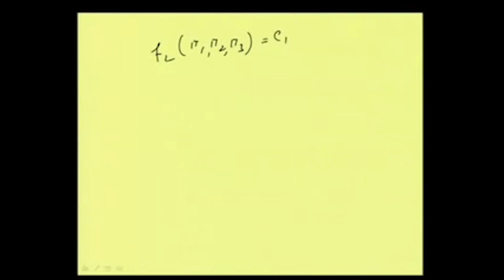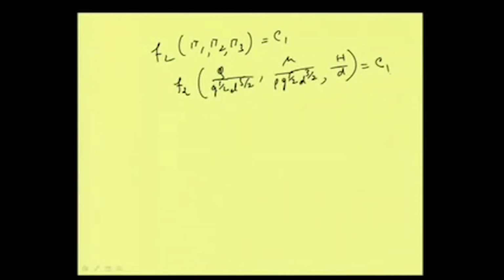By substituting the above values, pi 2 we can write as q by g to the power half d to the power 5 by 2, and mu by rho g to the power half d to the power 3 by 2, then h by d. The dimensionless terms we are getting, we are putting here, and this is equal to a constant c1.